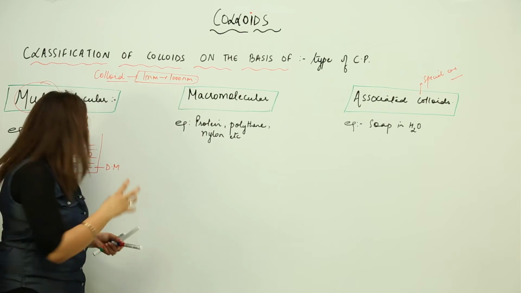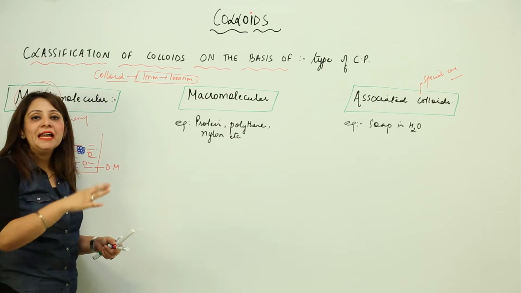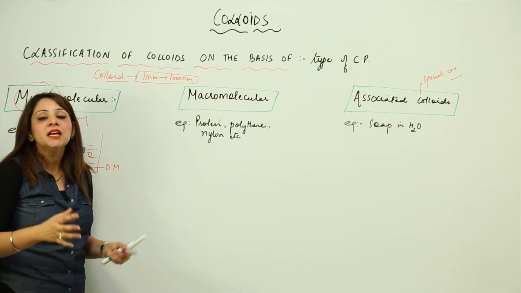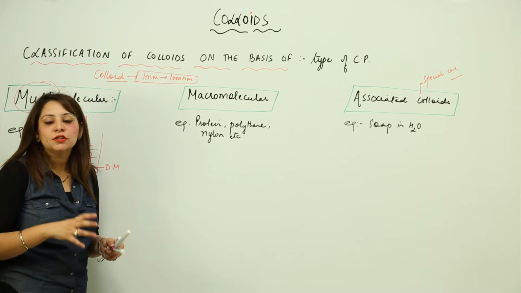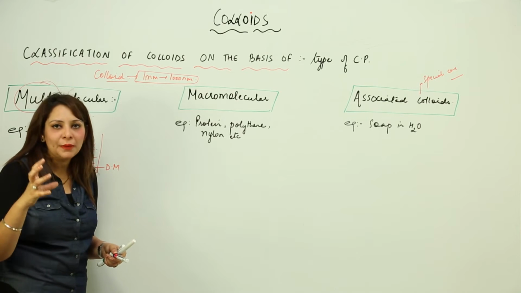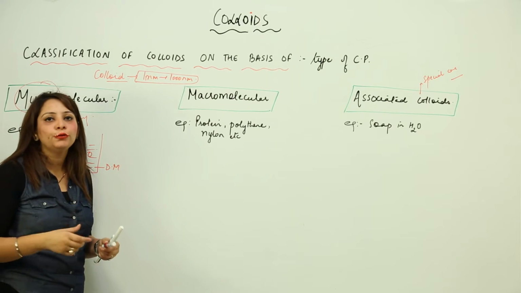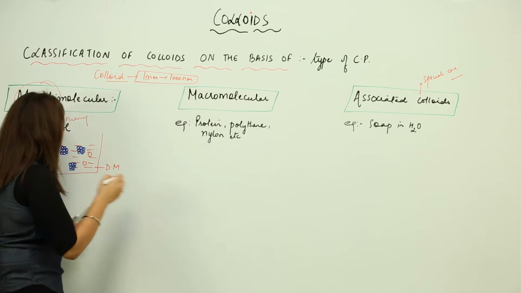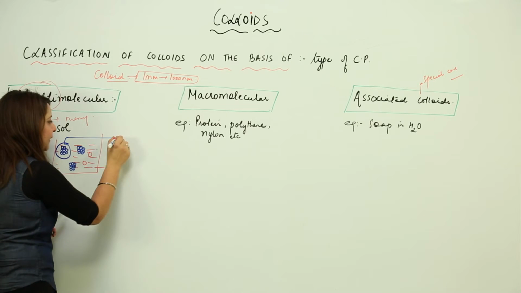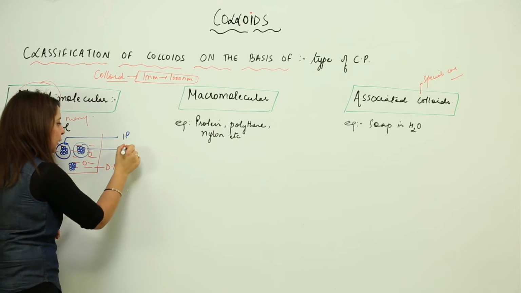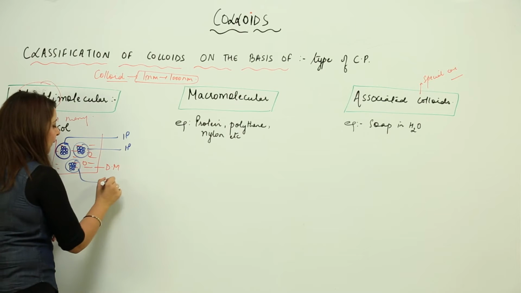So n number of particles aggregate to form one colloidal particle. This is one colloidal particle, this is one colloidal particle, this is one colloidal particle.